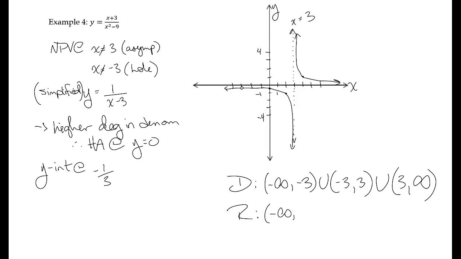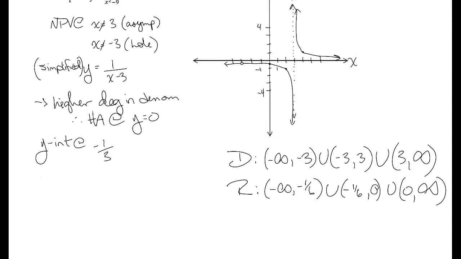That's great, but I actually hit my hole, which prevents me from having a value of negative 1/6. Negative 1/6 goes to 0, and 0 goes to positive infinity. And that's what we're going to see on this graph. So that's our domain and range here.